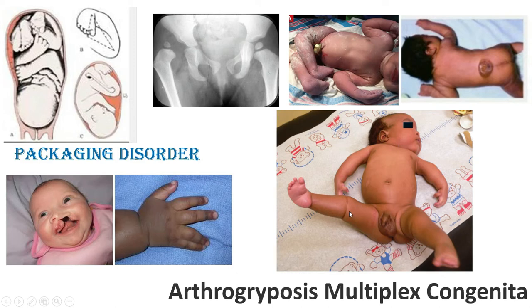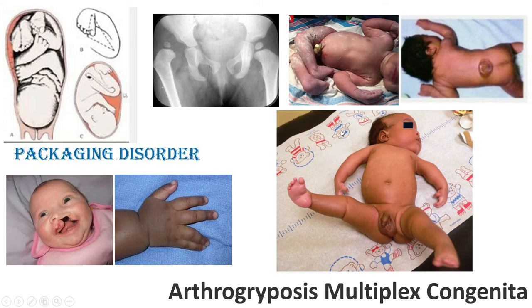And in this case, generally it can affect both the upper limb and lower limb, or maybe only the lower limb, or maybe only the upper limb. And there are multiple varieties of arthrogryposis multiplex congenita, and the main pathogenesis of this deformity is muscle and nerve imbalance.